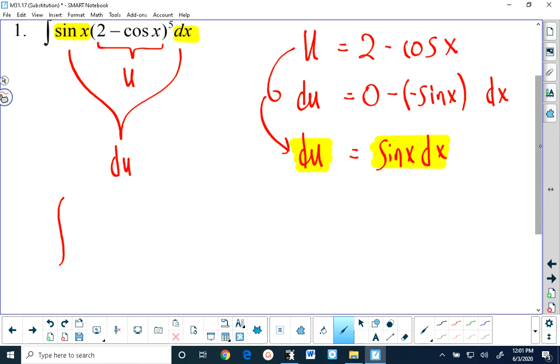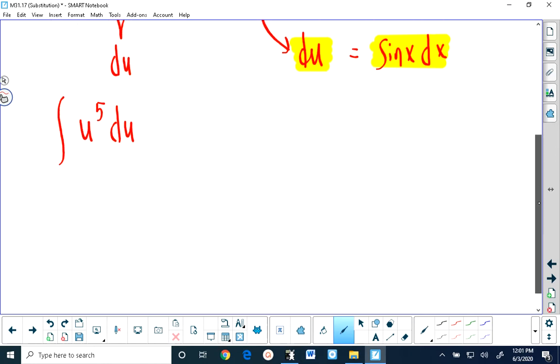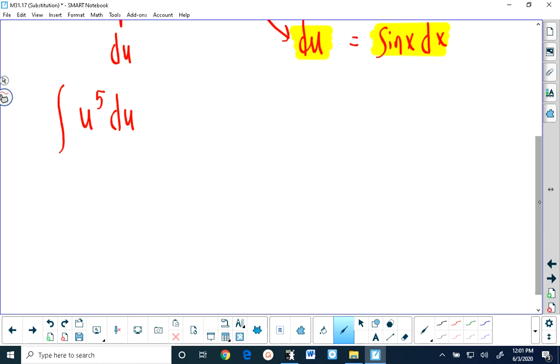Now the 2 minus cos x is u raised to the 5, and then the sine x dx, which is everything else, is du. This is like stealing candy from a baby now. What is the antiderivative of u to the 5 if u is the variable? Well, we increase the exponent by 1. We have to multiply by a 6th out in front, then we can add our constant.